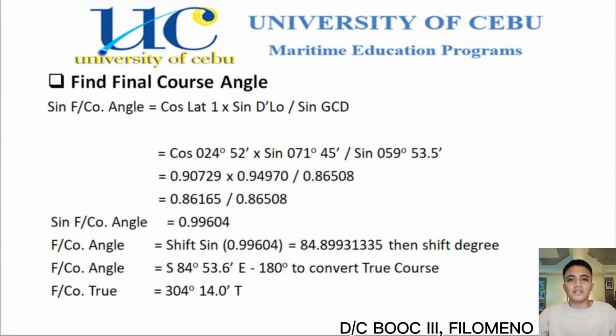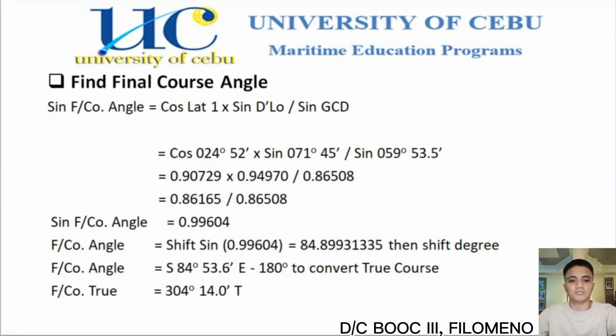South 84 degrees 53.6 minutes east minus 180 degrees is equal to 304 degrees 14.0 minutes true. So 304 degrees 14.0 minutes true is the final course angle.